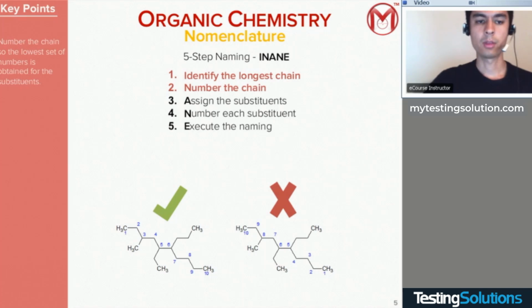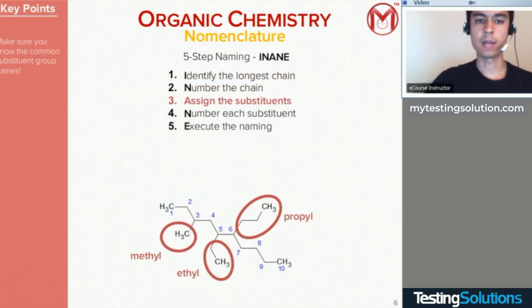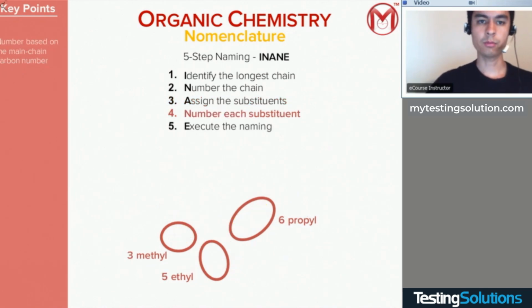Okay. So we start from the left end, and now we want to assign names to the substituents. So we have a methyl group coming off of the 3rd carbon, an ethyl group coming off of the 5th carbon, a propyl group coming off of the 6th carbon. We need to number each of those substituents. So we have a 3-methyl, a 5-ethyl, and a 6-propyl.